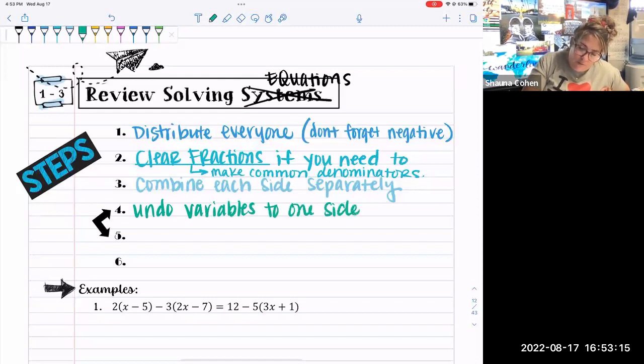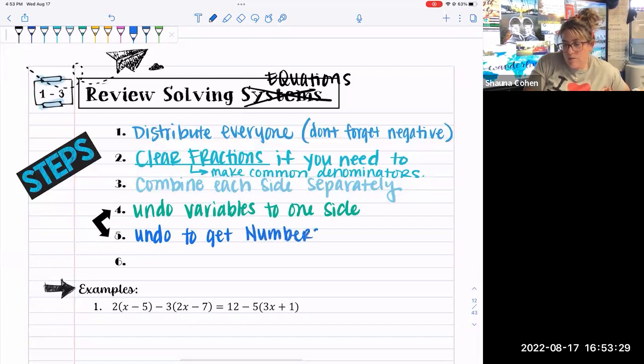You want to get all the variables on one side. And then you can do it at the same time. You can undo to get the numbers, which are actually called constants, numbers on the other side.